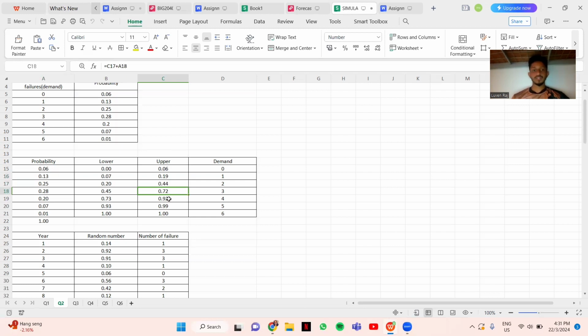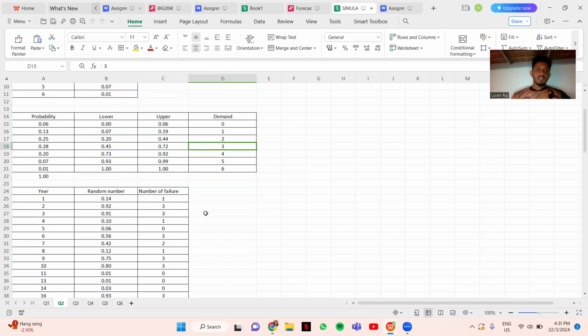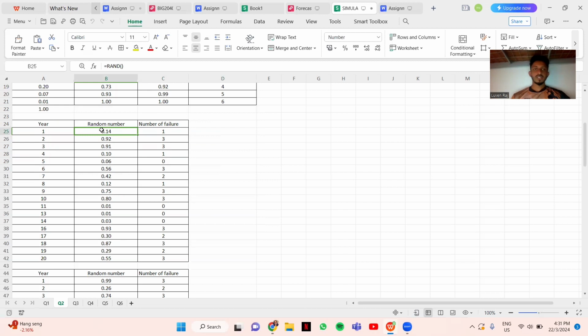As an example, 0.72 is C17, which is 0.44, plus A18, 0.28. The 0.28 has already been given in the question itself as the probability. Then these are the number of demands: 0, 1, 2, 3, 4, 5, 6. And then these are the random numbers.